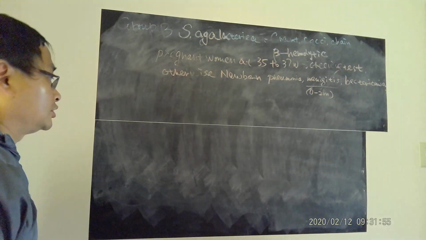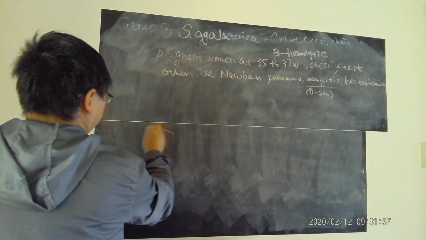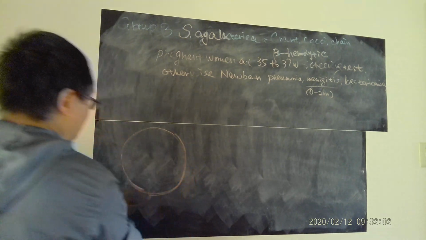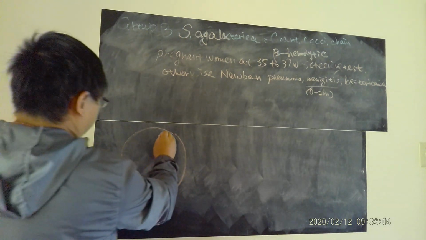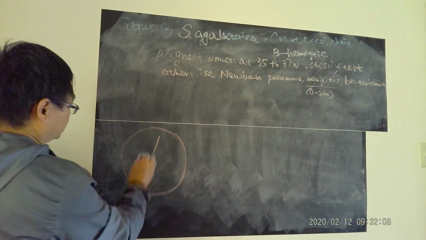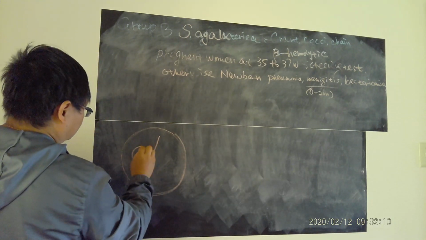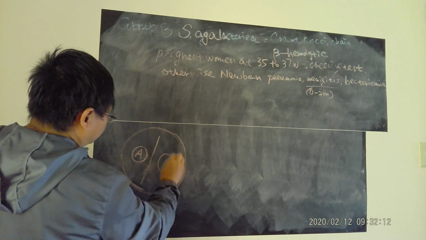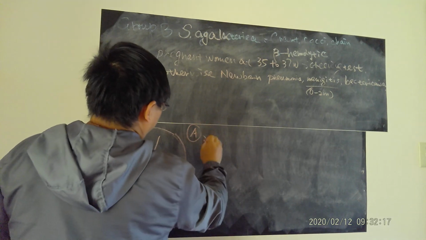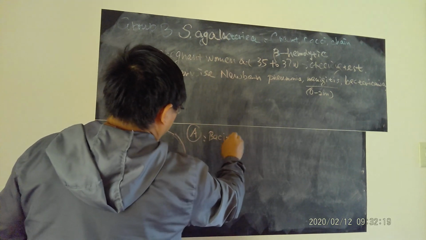So how do we differentiate? In the clinical area, we use a disc. We call it the A disc. The component of the A disc is bacitracin.